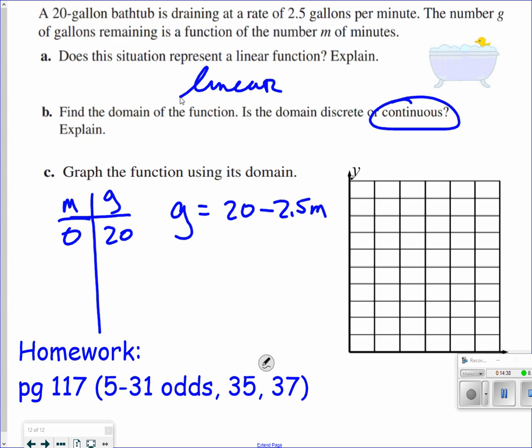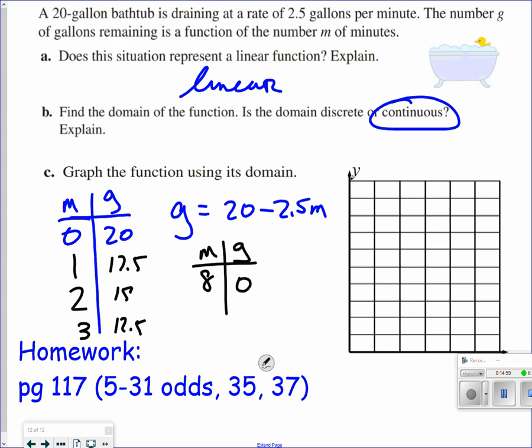If I pull the plug for 1 minute, I'll have 17.5. In 2 minutes, I'd have 15. In 3 minutes, I'd have 12.5. I'm going to skip ahead here a little bit, and I'm going to go all the way to 8 minutes. So 8 minutes, there would be nothing left.